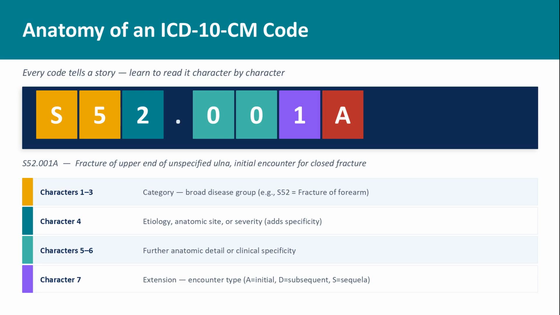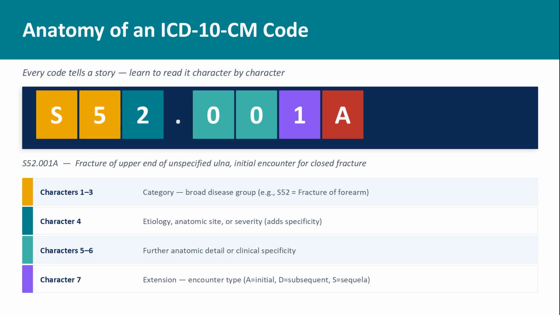Character 4 adds more detail. It gets into the specific anatomy or etiology. In our example, the 0 at position 4 means upper end of ulna. Characters 5 and 6 add even more specificity, site, laterality, whether it's displaced or non-displaced. Character 7 is special.